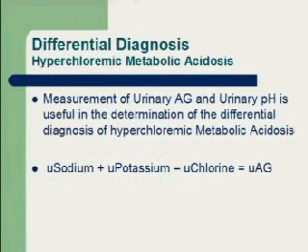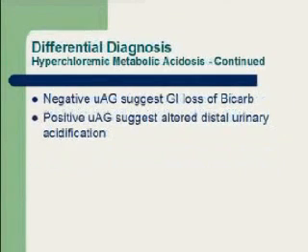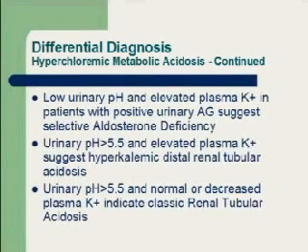In hyperchloremic metabolic acidosis, measurement of urinary anion gap and urinary pH is useful in the determination of differential diagnosis of hyperchloremia and metabolic acidosis. Negative anion gap suggests GI loss of bicarb. Positive anion gap suggests altered distal urinary acidification.